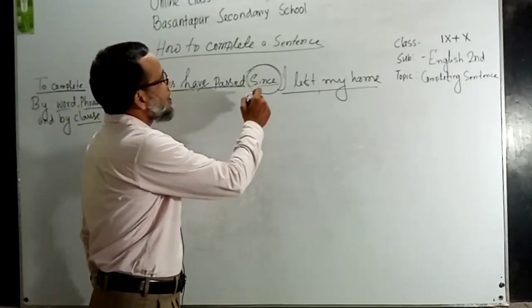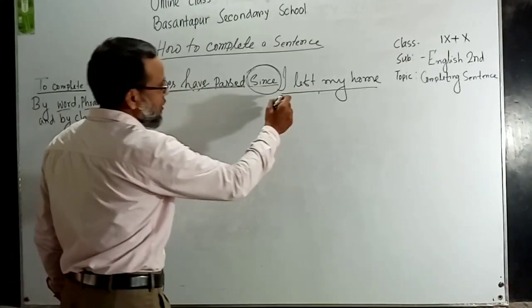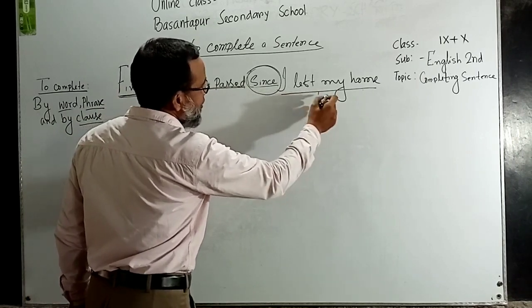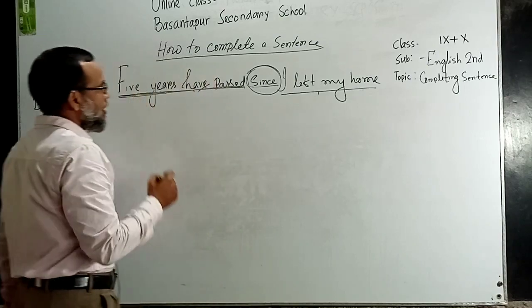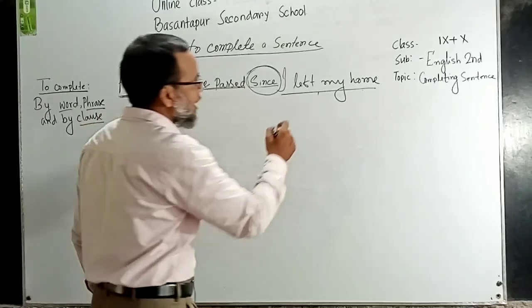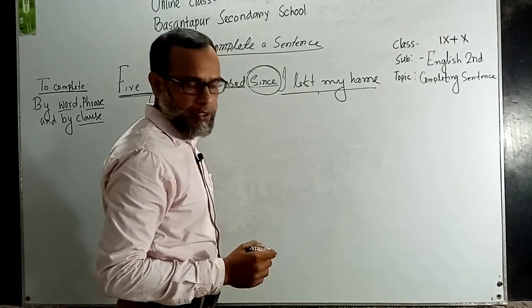Again, if since is used as a connector, and the first clause is a time clause, the second clause must be past indefinite tense. If the first clause is past indefinite tense, the second clause must be past perfect tense.